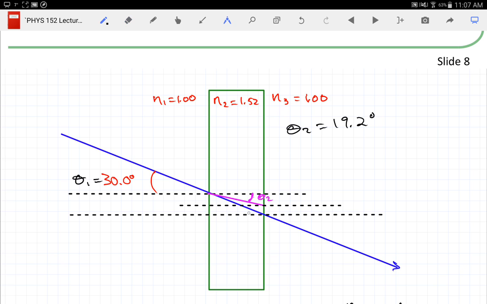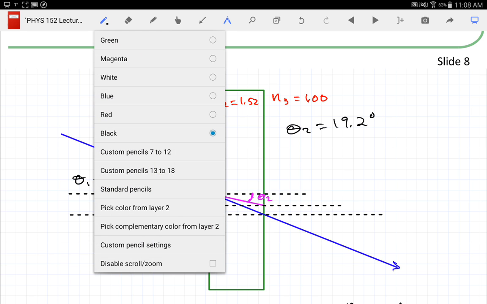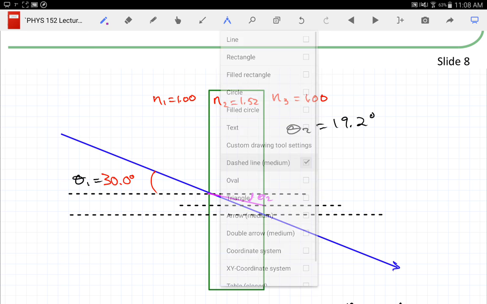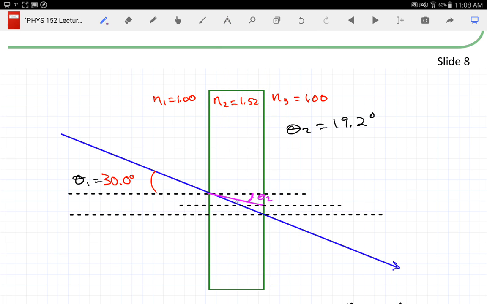And so where is the angle of incidence for that second surface? Okay, it's going to be this angle there.